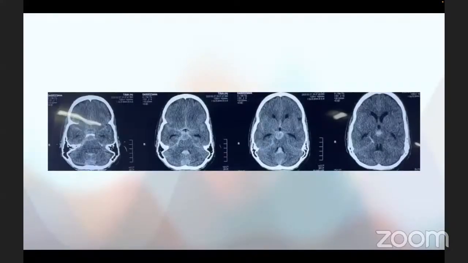The CT scan on the first day shows a hyperdense lesion in the pre-pontine region, with hyperdensity in the fourth ventricle, sylvian fissure, perimesencephalic cisterns and suprasellar cisterns. There is also hydrocephalus, as evident from bilateral temporal horn enlargement.